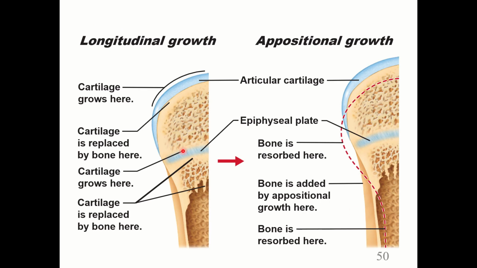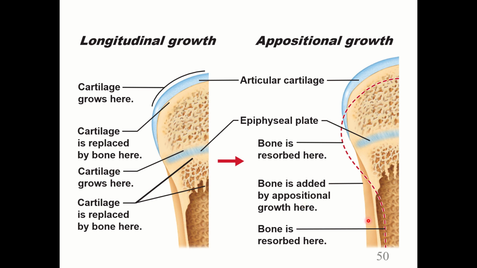So here we see longitudinal bone growth occurring at the epiphyseal plate. Cartilage is growing here on the outer surface, and it's pushing the proximal and distal plates away from each other. Here we're going to see that osteoclasts are going to reabsorb bone here, thus lengthening the medullary cavity as the long bone increases in length.